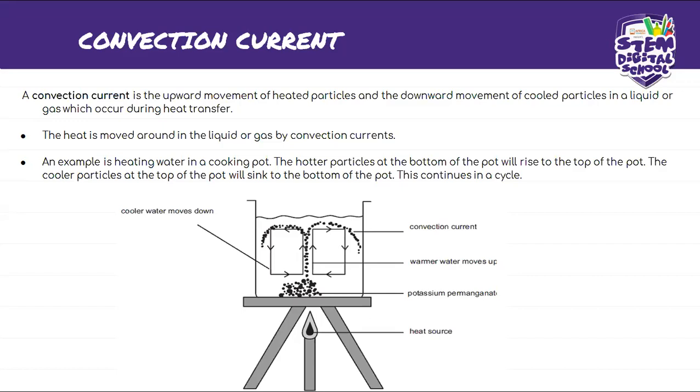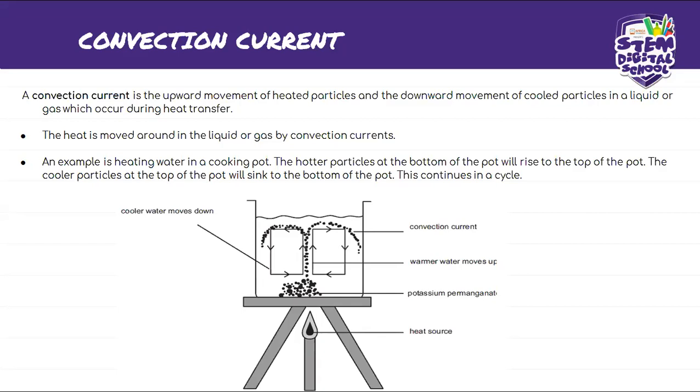As you can see, we always use potassium permanganate to illustrate this. You have the potassium permanganate under the beaker. Then you have warmer water moving up and cooler water moving down. This process is known as convection current.